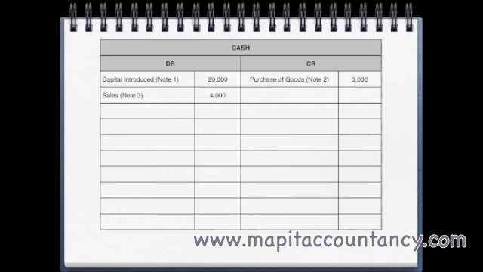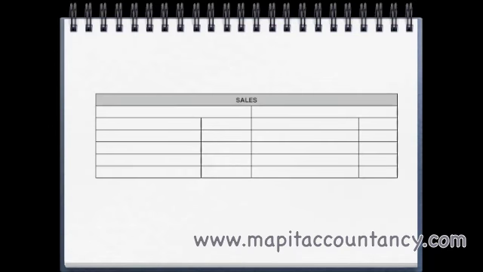We don't have a sales ledger account yet, so we need to create one. To create our sales ledger account, same as usual, we have the debits on the left, the credits on the right. And we said that we were going to credit sales with 4,000. So that's what we do in our ledger account. There's our sales for cash for 4,000. So let's move on now to the next item.